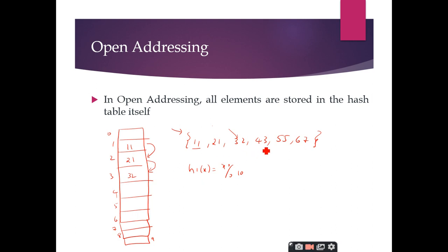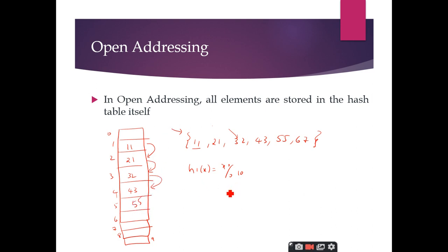And what is the next one? 43 generates a key of 3, but it is already occupied. Therefore, you search the next location, and if it is vacant, you insert it. Now tell me, what is the key for 55? 5, sir. Is it vacant or not? Yes, so you insert it.